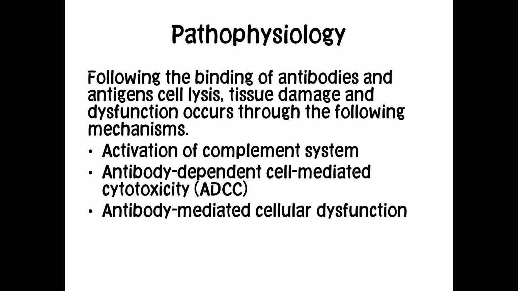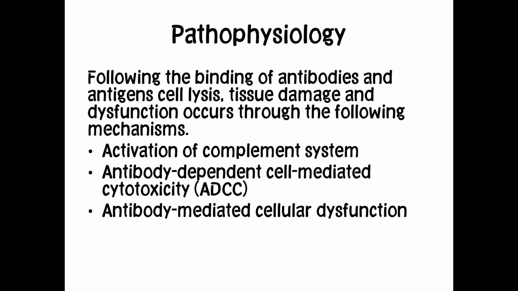As we have discussed, when immunoglobulin type G and type M bind to the antigens, either extrinsic or intrinsic, cell lysis, tissue damage, and even tissue dysfunction may occur. The three major mechanisms involved in destroying, altering the function of the cell, and causing tissue damage are activation of the complement system, antibody-dependent cell-mediated cytotoxicity, that is ADCC, and antibody-mediated cellular dysfunction.